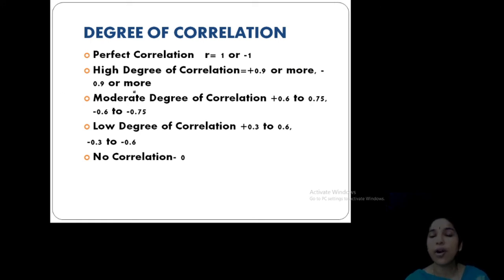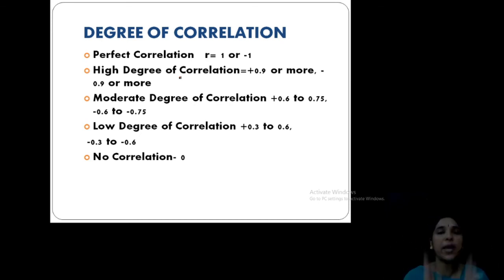Moderate degree of correlation is plus 0.6 to 0.75 in positive, then minus 0.6 to minus 0.75 in negative. A low degree of correlation is plus 0.3 to plus 0.6, or minus 0.3 to minus 0.6. If there is no correlation or no relationship between your two variables, the answer is 0.